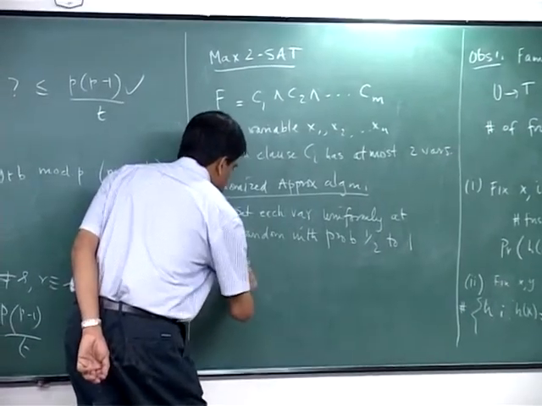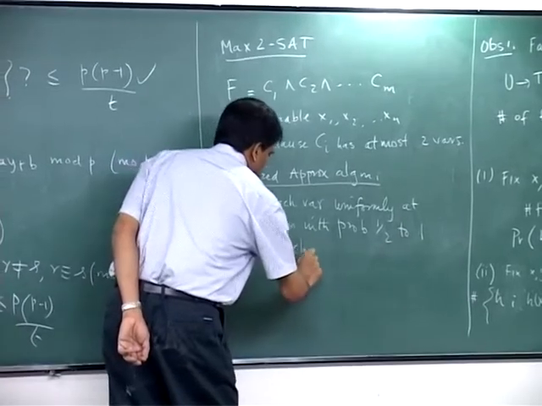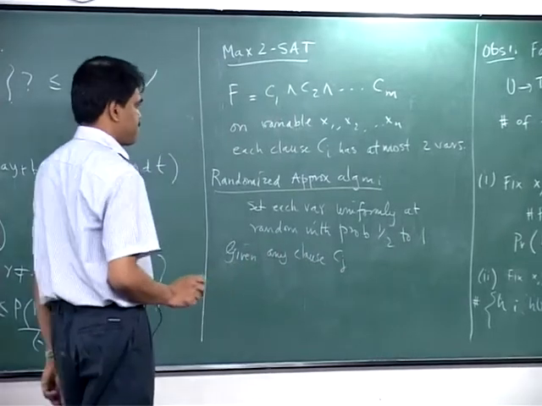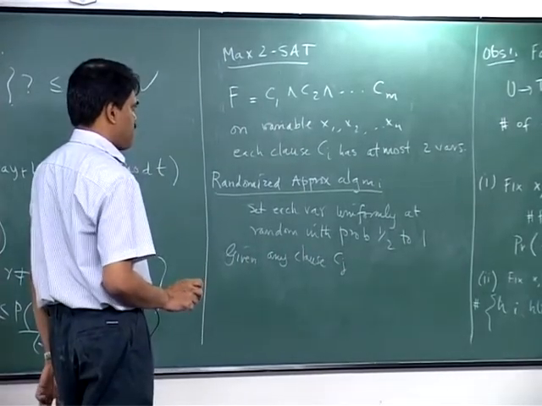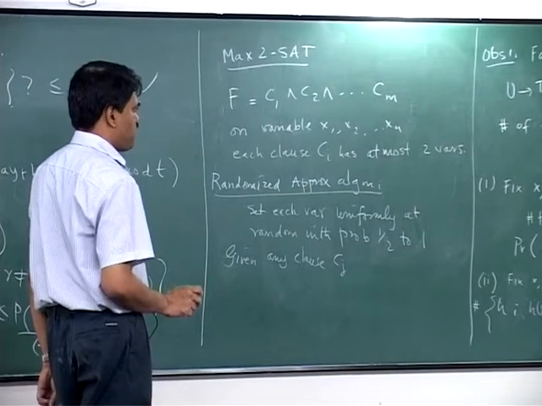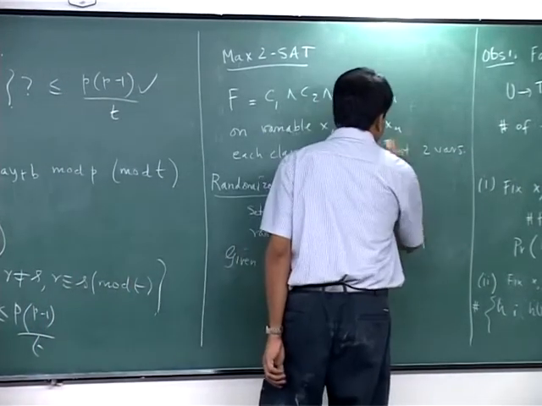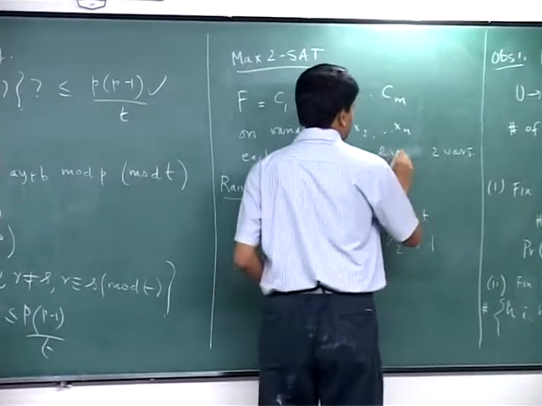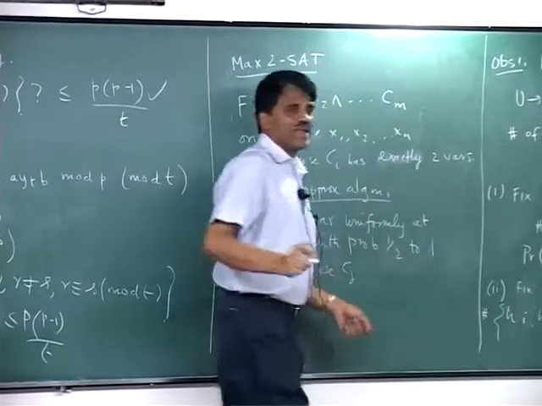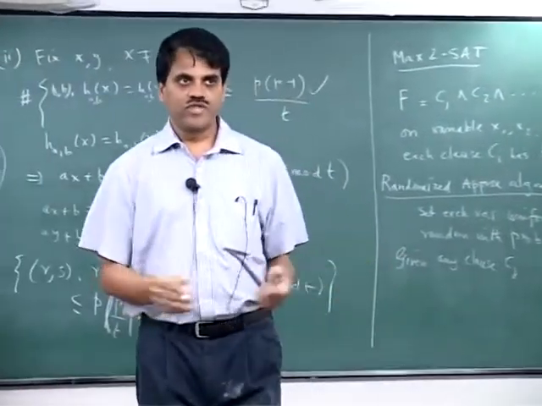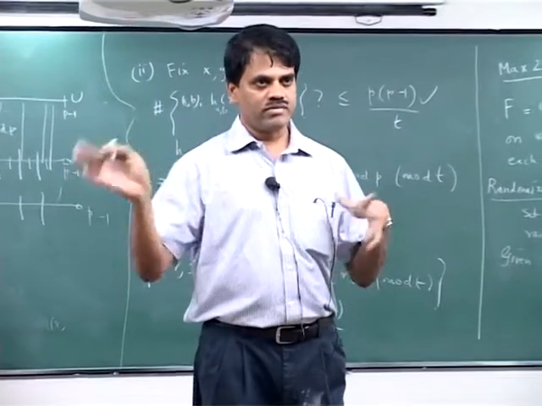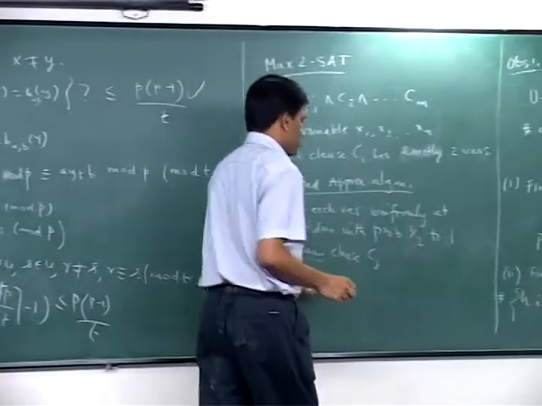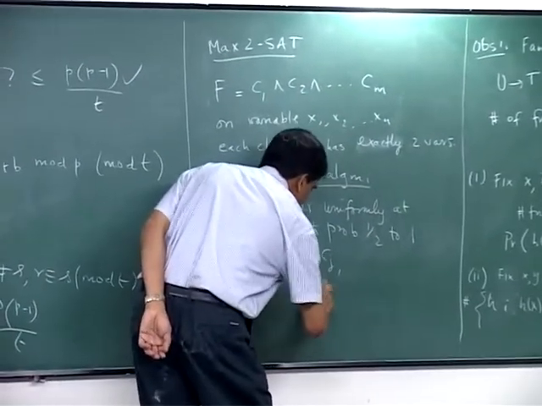Given any clause Cj, sorry, I'm going to make an assumption that every clause has exactly 2 variables. That's not a very hard assumption. You can create some dummy variables, and if there is only one variable, you can just add some new variable. So suppose every clause has exactly 2 variables. Given any clause Cj, what is the probability that Cj is satisfied?